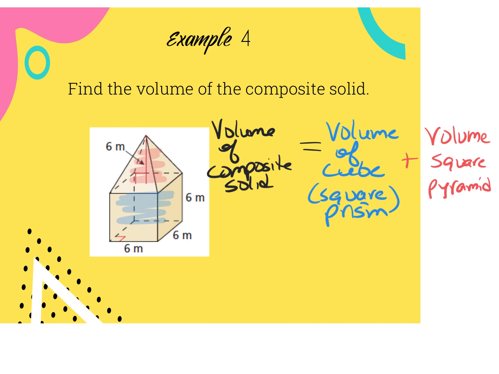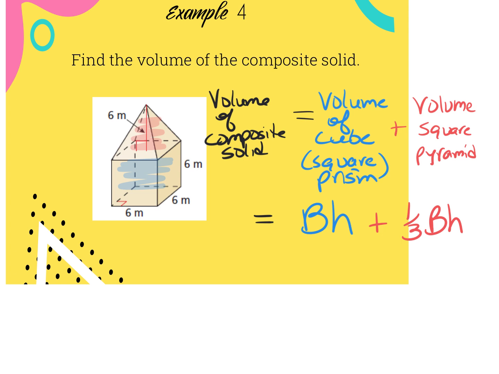So what I'm going to be doing here, remember, prism is just BH, and then the pyramid is 1/3 the base times the height. So let's fill it in. So for here, my base shape is a square. So what I can do here is 6 times 6, and then times the height of that cube would also be 6. So this will give me 216.